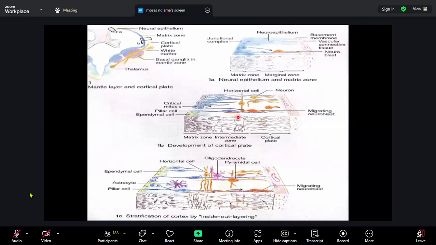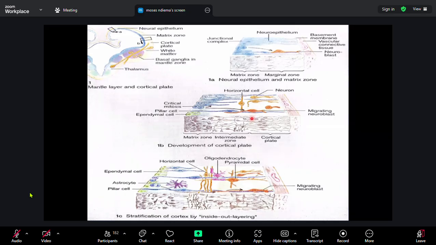Of importance here to note is the radial glial cells acting as a scaffolding on which the migrating neuroblasts attach to the outer part when there is the inside-out layering.